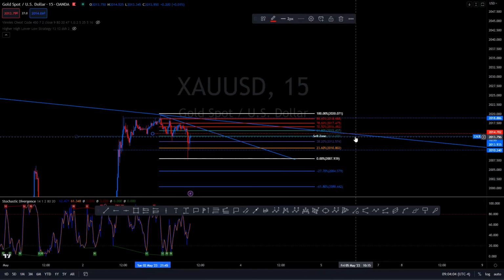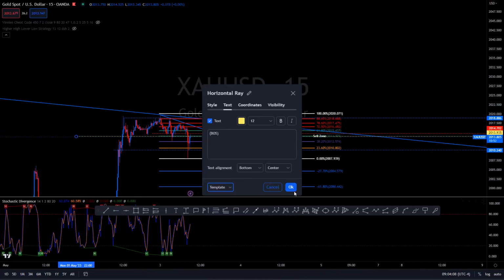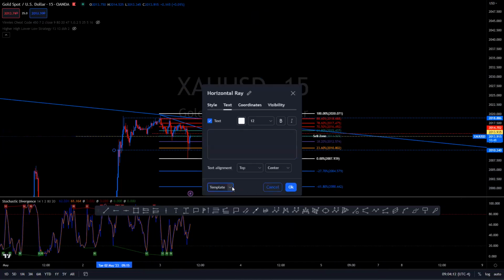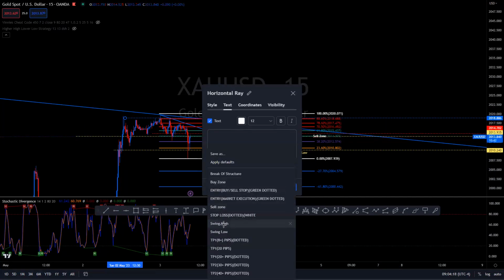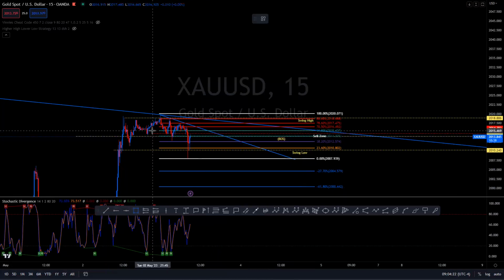And then you want to go ahead and label these elements. This is going to be our break of structure line. This is going to be our swing low, and then our swing high. Then we're going to draw a golden zone here.